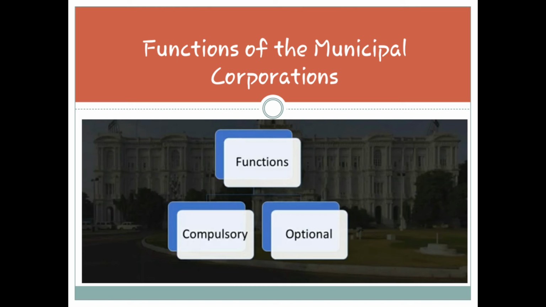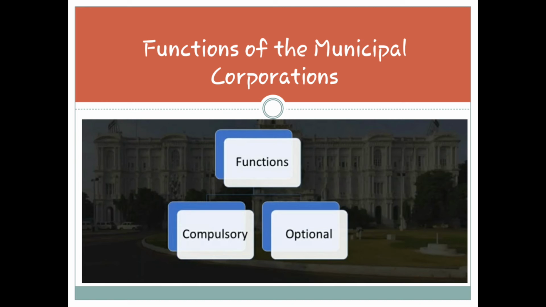Under the compulsory functions, we have provision of electricity, sewage disposal, then carrying out functions through various other departments, having the services of experts and engineers, provision of public health services, that is hospitals, dispensaries and family centers, providing proper roads in good condition, bus shelters, and public conveniences.